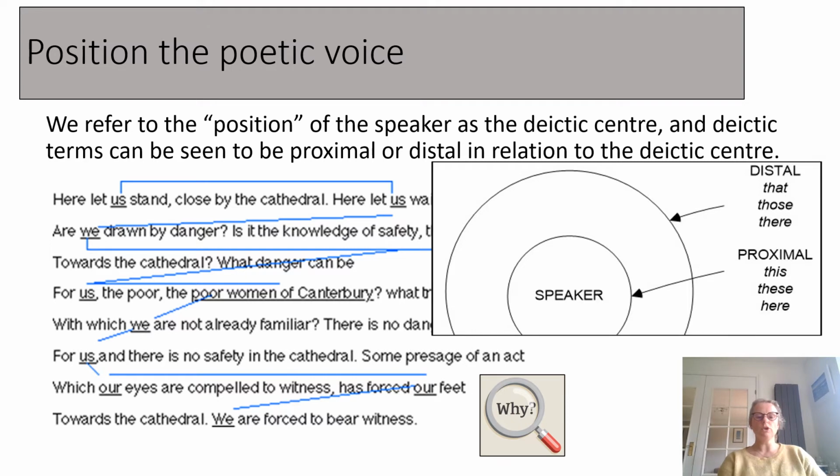Okay, so what you've got is you're just picking out the words, only the words that stand out to you that reflect the position of the poetic voice, and see what you find. Once you've done that, then what you can do is start to list these ideas.